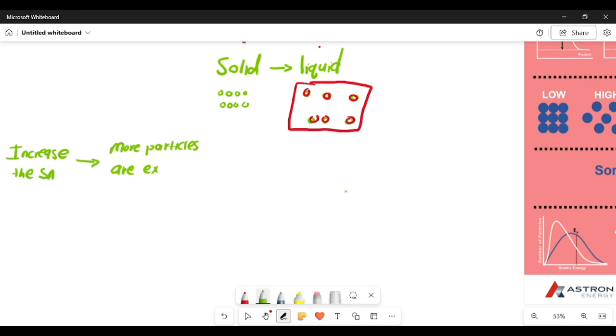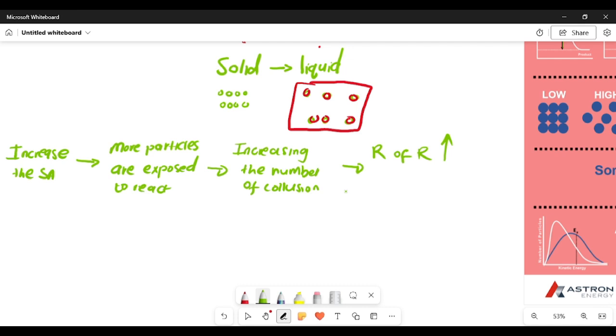And now when more particles are exposed to react, this would increase the number of collisions, and lead to your rate of reaction increasing.